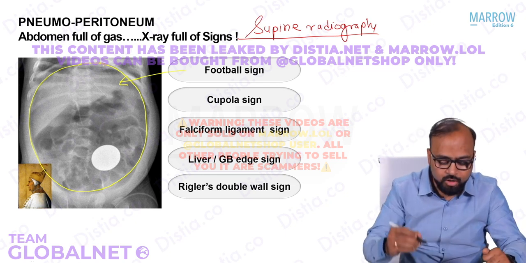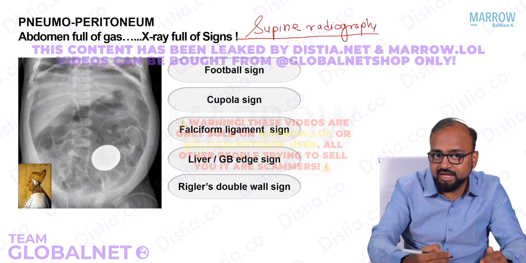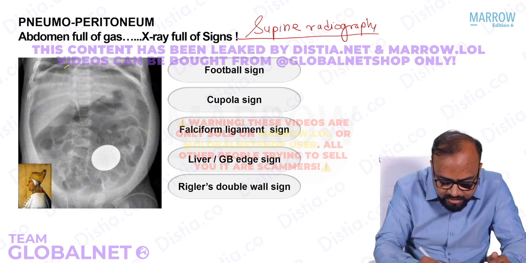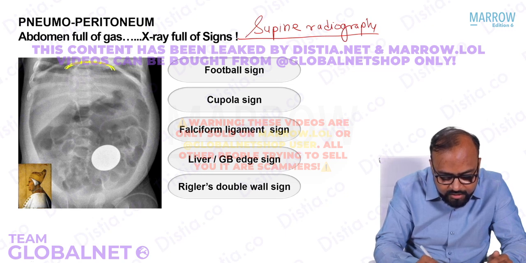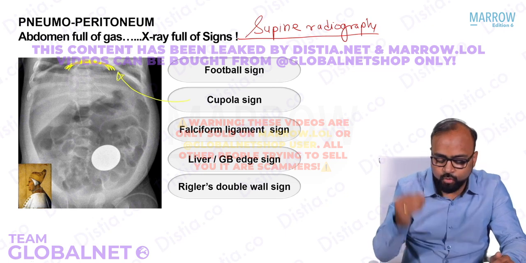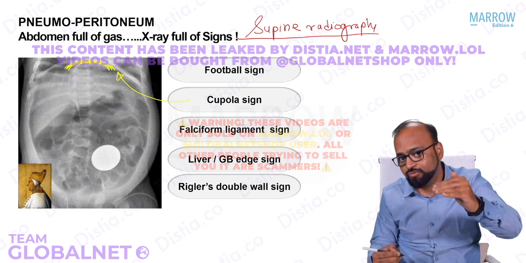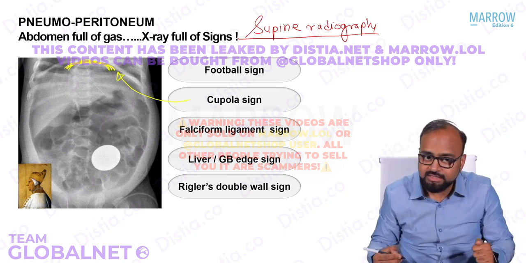Now, this free air also rises up towards the diaphragm. It lines the diaphragm from below. This creates a dome-like appearance, like the dome of a religious site, and this is therefore called the cupola sign. This dome-like appearance, because air is lining the central tendon of the diaphragm from below, is called the cupola sign.